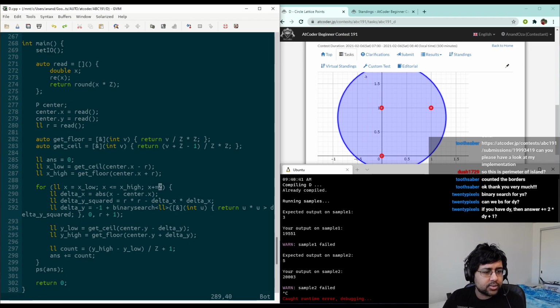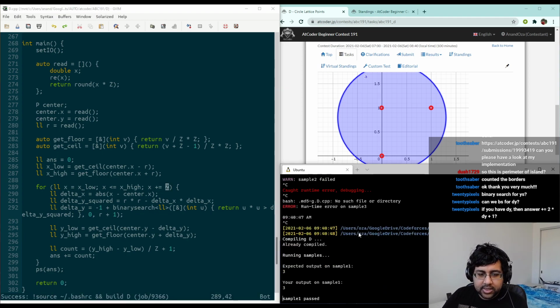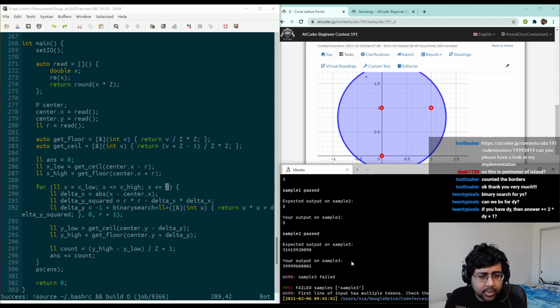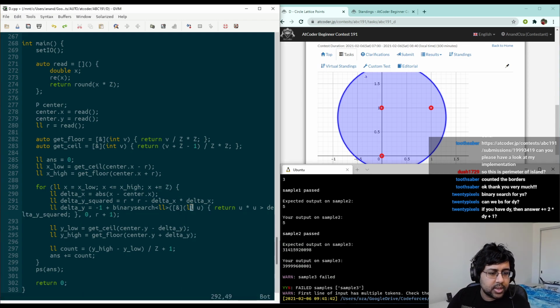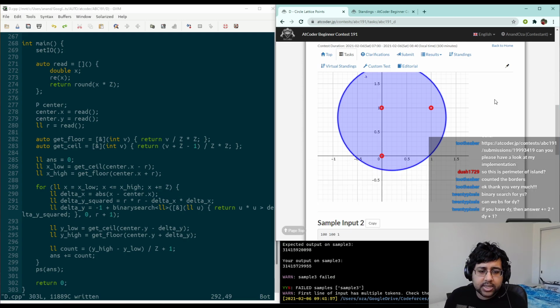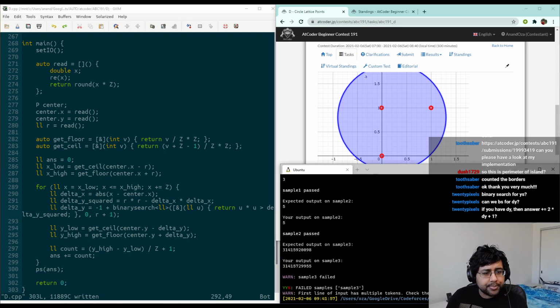Oh, I also want to do this. Maybe that'll fix it. Okay, cool. So there's still a wrong answer on this sample, and it's actually wrong by quite a bit. This should be long to avoid overflow. And now this is slightly off. Okay, so let's actually see what's going on here.